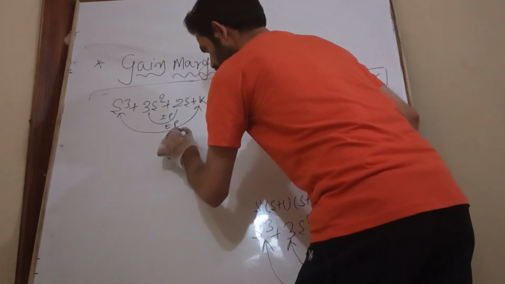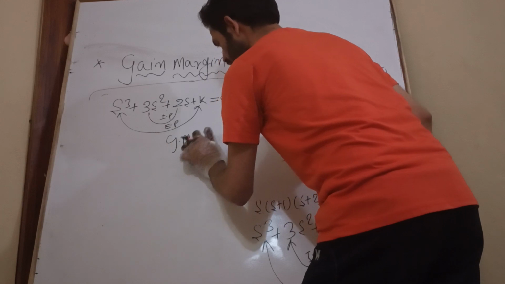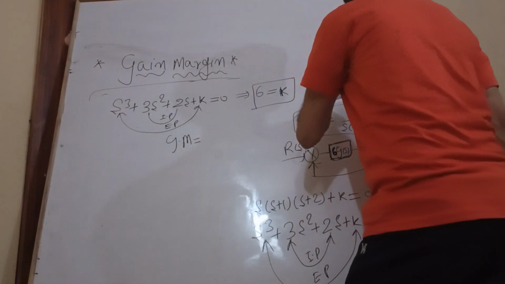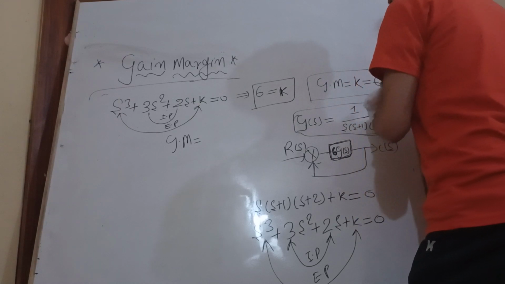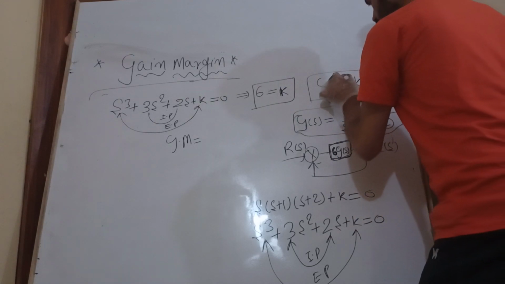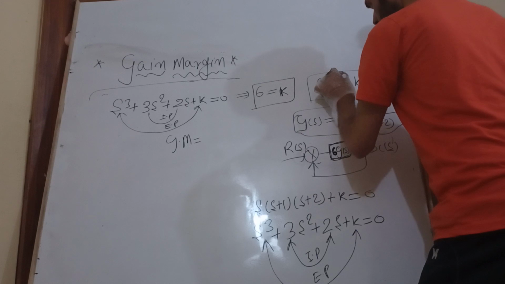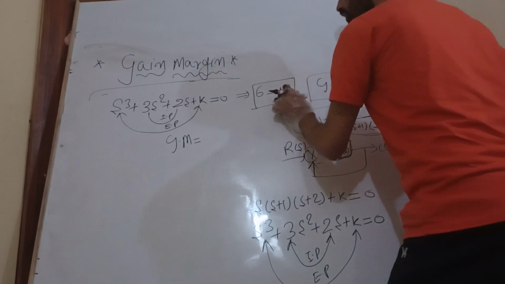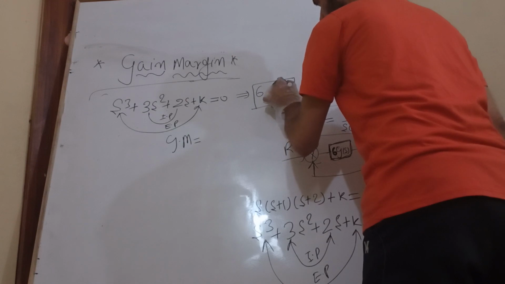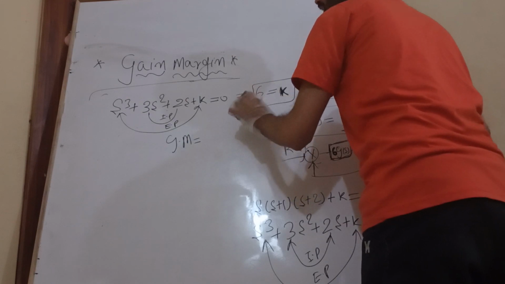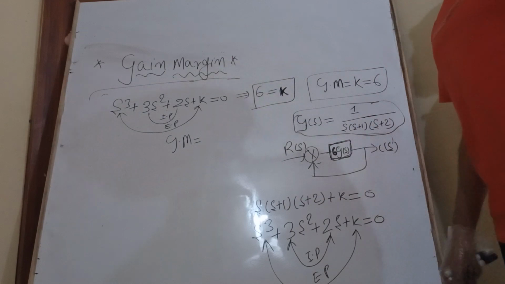In dB you can say the gain margin is given by this. This is the value of k. How much k value should there be so that the system becomes marginally stable?